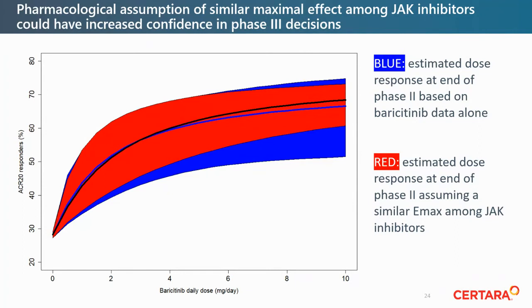And then the question is, because there was another JAK inhibitor already with a lot of data available, tofacitinib, if I had assumed that the maximal response was the same, I could actually, in red, have decreased some of my uncertainty and be a little bit more certain about the potential benefit, because I've gotten rid of some of this uncertainty on the low end, especially of the potential benefit the compound may have had relative to some other treatments.